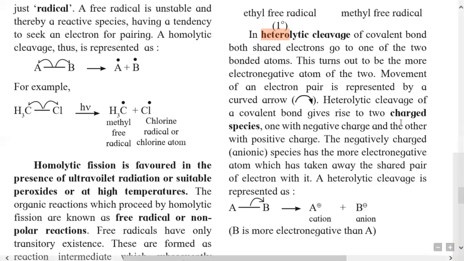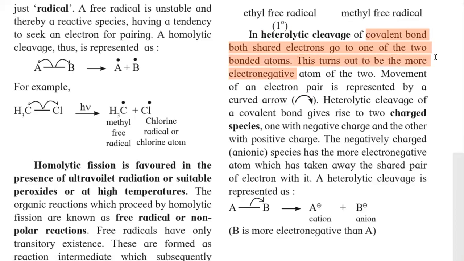Here in heterolytic cleavage, again the covalent bond, both shared electrons go to one of the two bonded atoms. Here electrons are not equally distributed, not a symmetrical distribution. It is an unsymmetrical distribution.